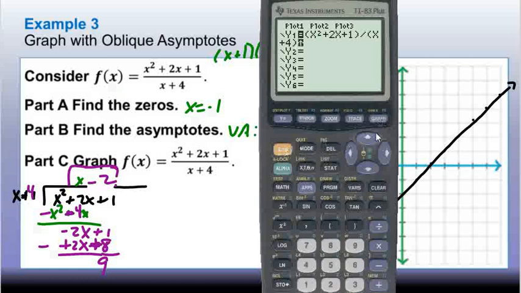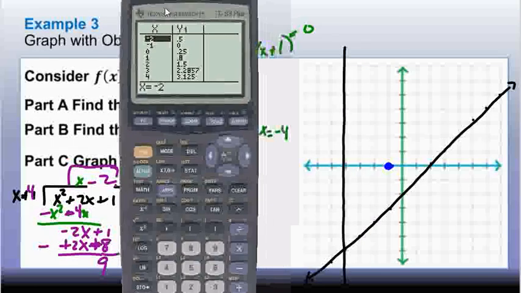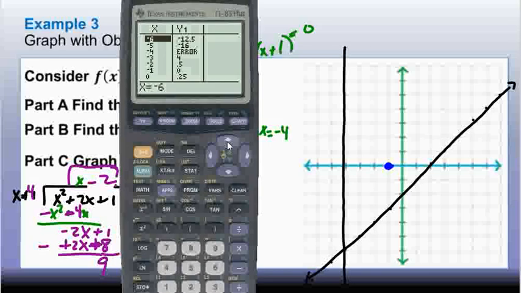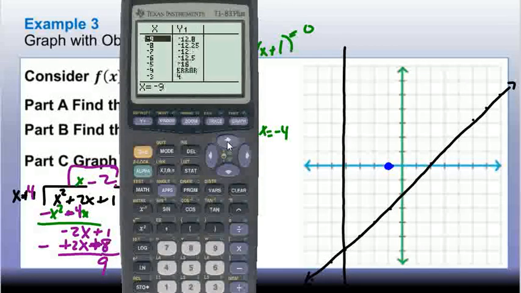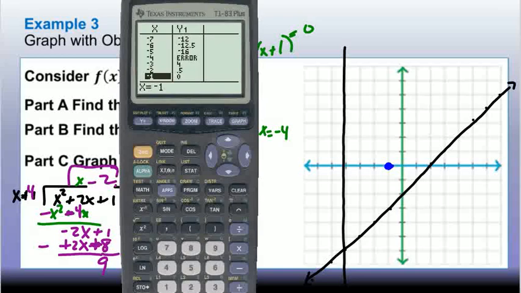And then hit second, graph, to see a table of values. I want to get to -4, so I need numbers on both sides of -4. Okay, so I can plot a point at -1, 0.